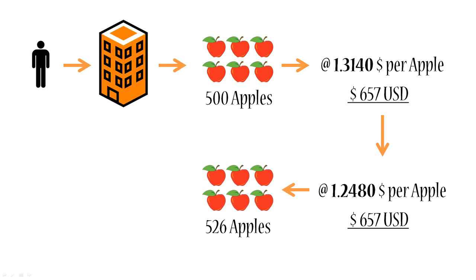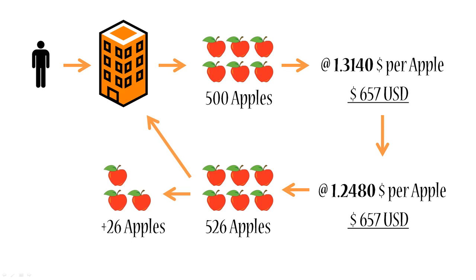Now with your $657, you can buy 526 apples. As you remember, you still have to return 500 apples to your broker, and that's exactly what you do. You return 500 to the broker, and that means you still have 26 apples of profit in your hands. Because of this transaction, you're left with an extra 26 apples.